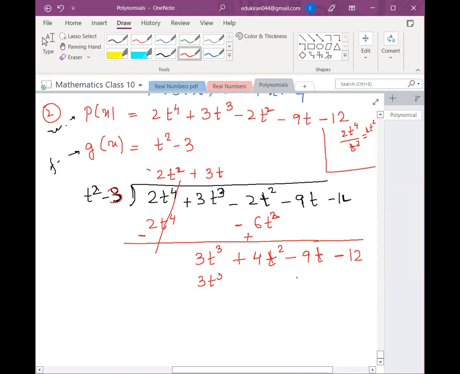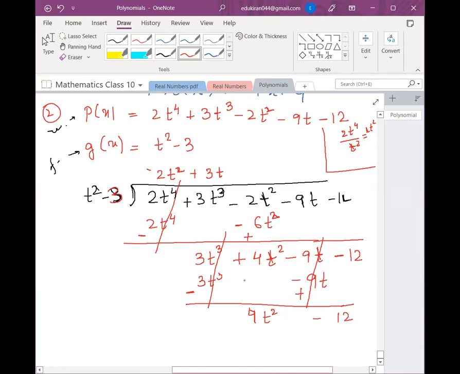Change the sign. This is minus and this will become plus. So this is 0, then here 4t square, and now minus 9t plus 9t is 0. This will also go away. Only minus 12 will remain here. So 4t square minus 12.